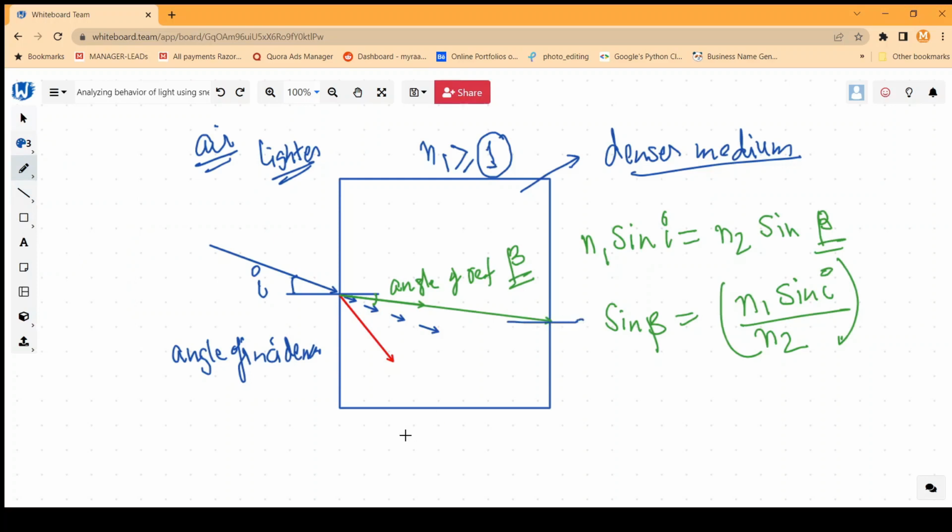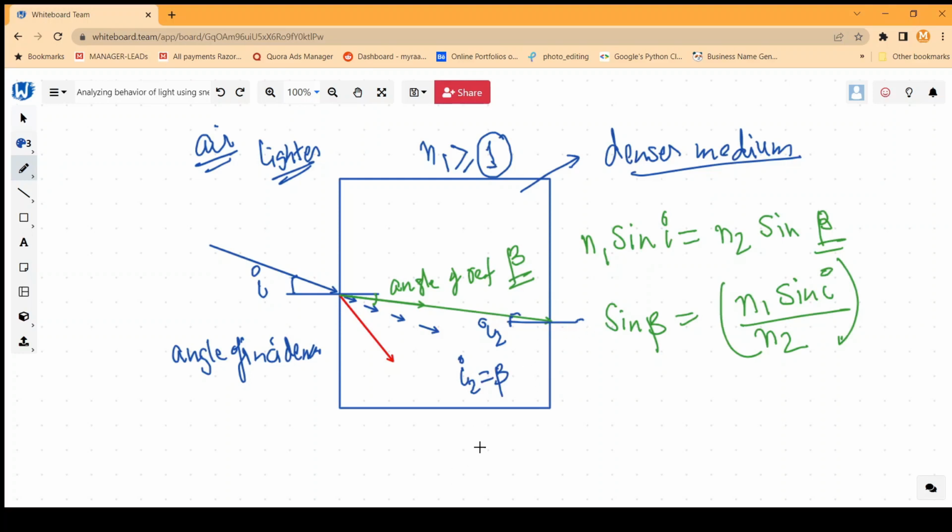Perpendicular to this is our normal. So here again this angle here is going to be our angle of incidence i2 in this case, and this is going to be equal to beta because this is drawn from the normal, and these two perpendiculars are parallel to each other, right? So i2 will be equal to beta.